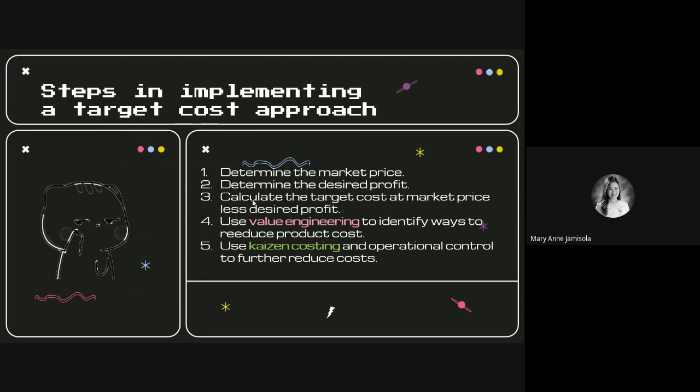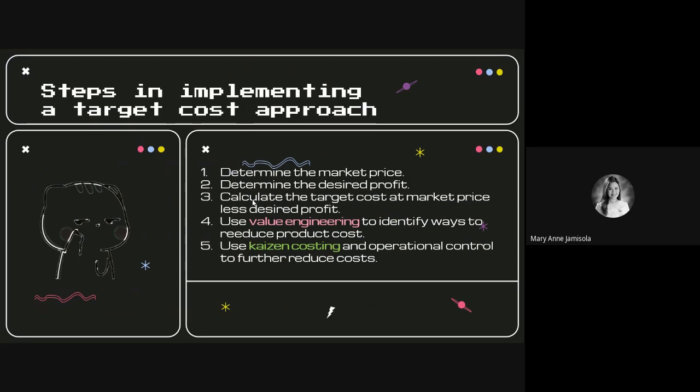So in my example, since your target cost is only 200 pesos, your next problem to solve is how can we produce this product by only incurring 200 pesos? How can we reduce, for example, currently we produce this at 250 pesos. So how can we lower it down to 200? So you can use value engineering. And then after using value engineering, we can use Kaizen costing and operational control to further reduce our costs.